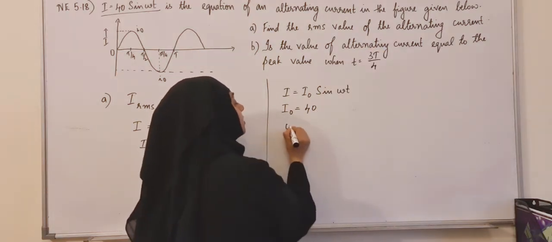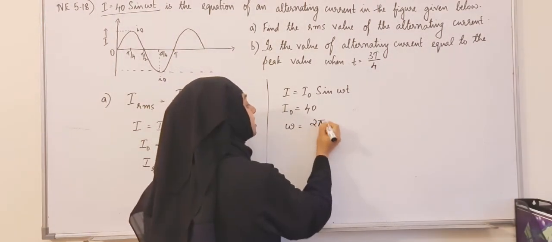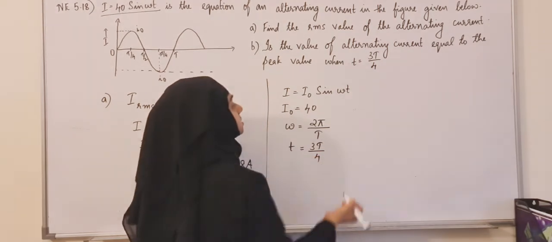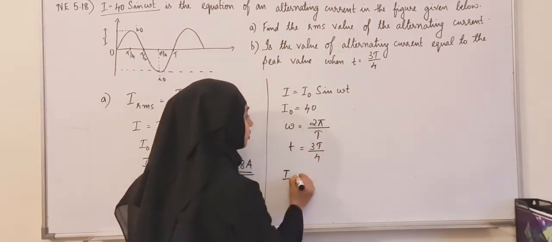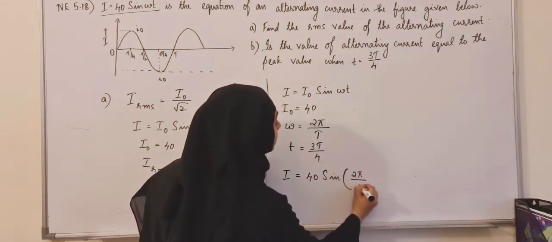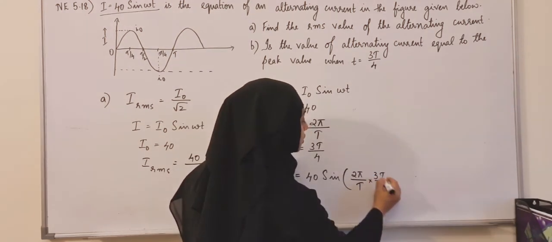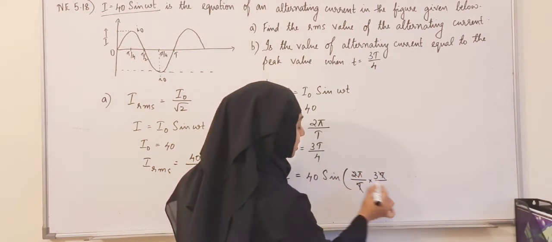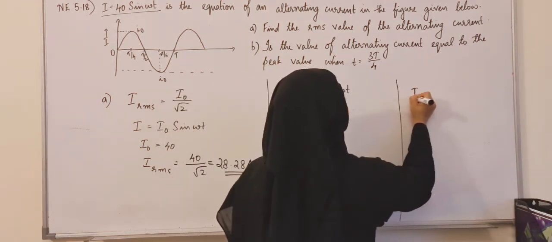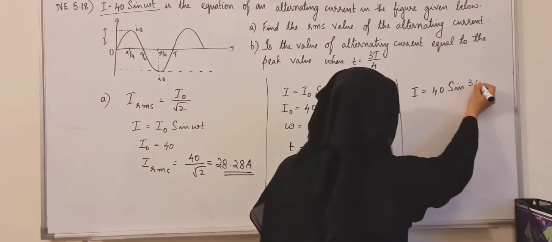Omega, as you know, in terms of the time period is equal to 2 pi by T. And for t we will substitute 3T by 4. Let us see what happens. I is equal to 40 sine, instead of omega 2 pi by T, and instead of t 3T by 4. So T gets cancelled, 4 and 2 get cancelled, so this will be the value. So I will be equal to 40 sine 3 pi by 2.